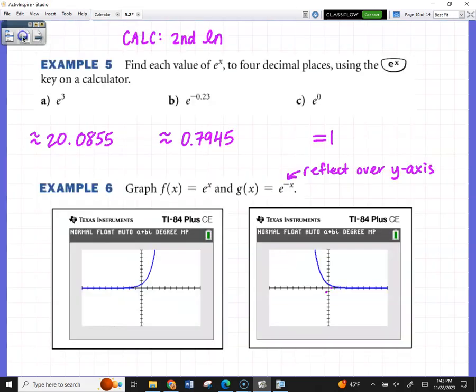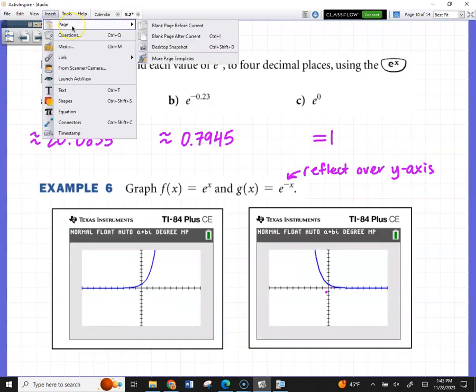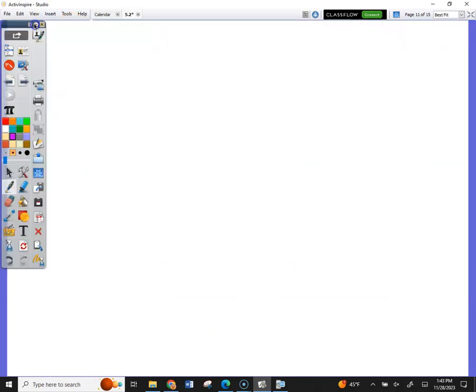I will do this. Let me come back here and hit insert page after, and let me just sketch. So this one was f of x equals e to the x plus 3.